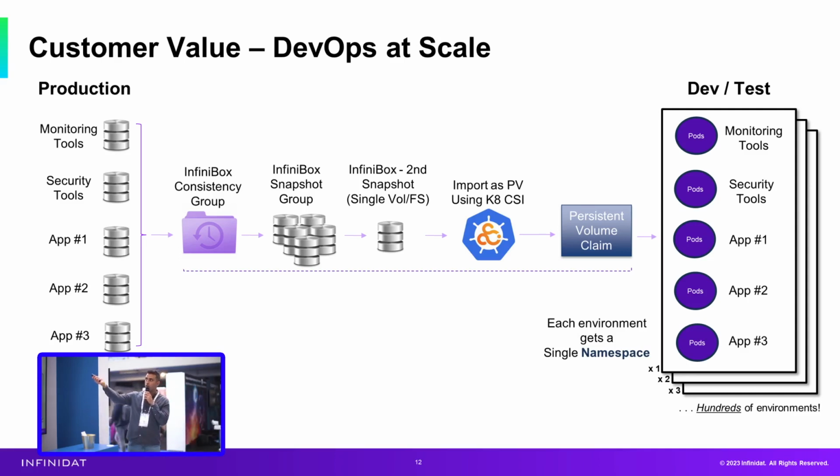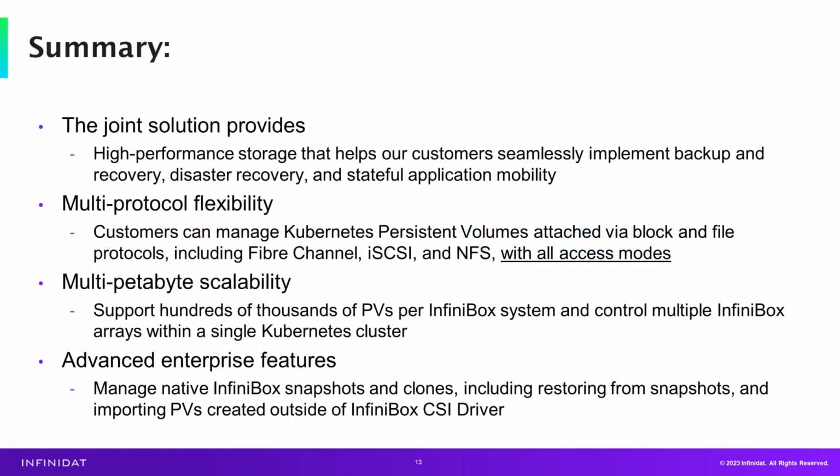This is why I call it DevOps at scale: the transformation from traditional to Kubernetes is really easy and works very well with InfiniBox. So this is the summary and the key point that I want you to take away. The joint solution provides Infinidat and Kasten as data protection for Kubernetes.